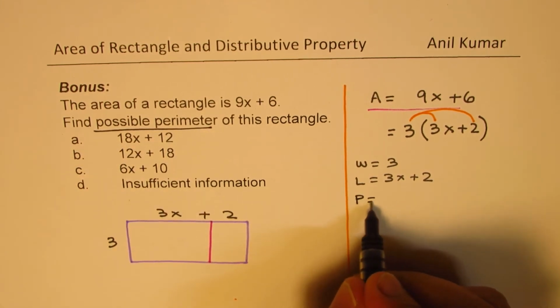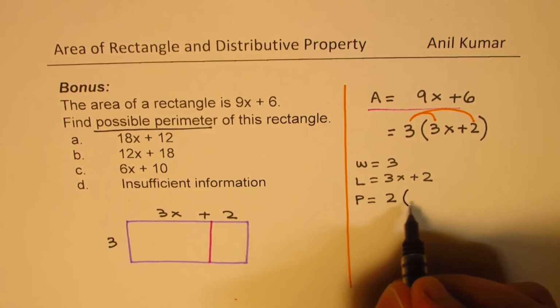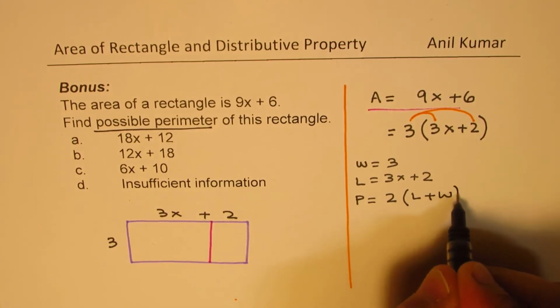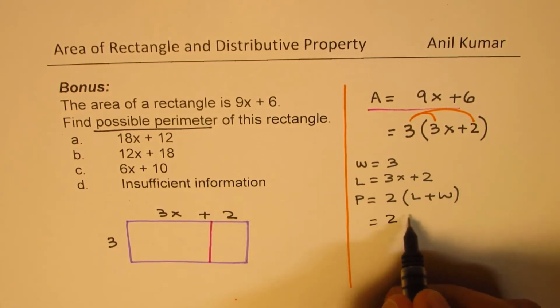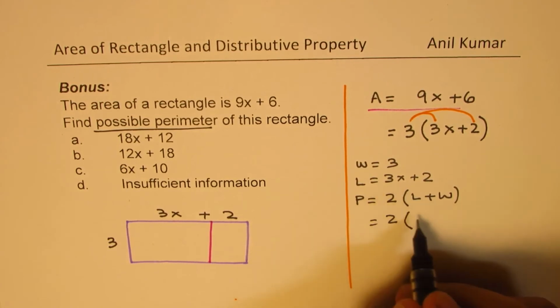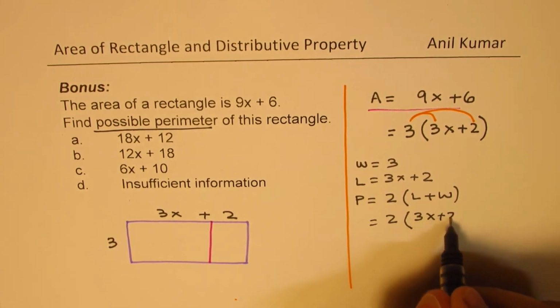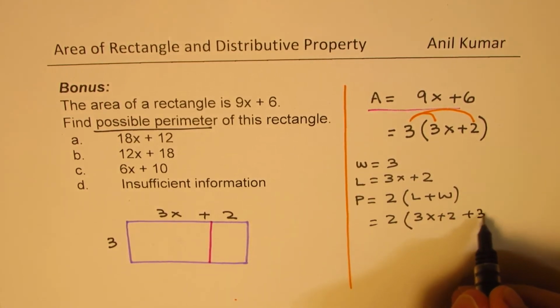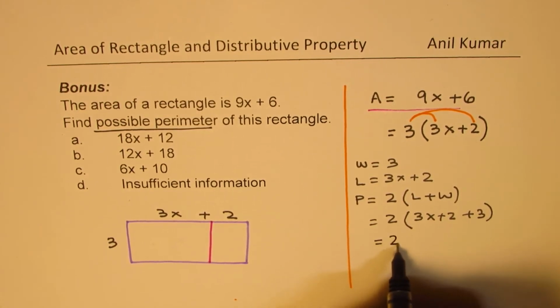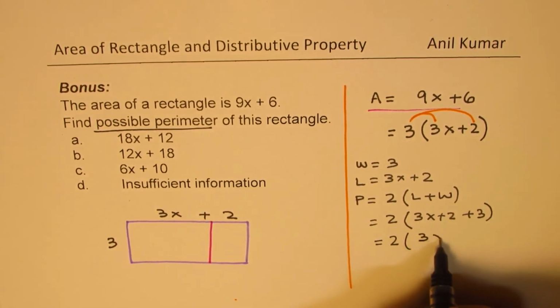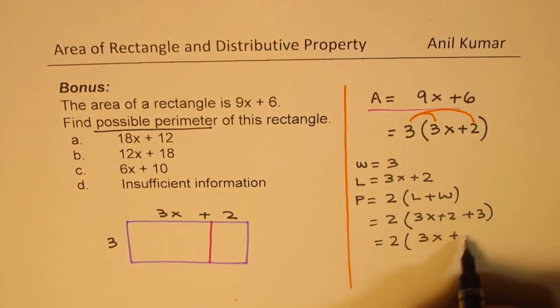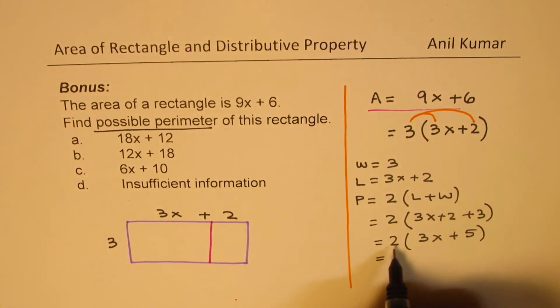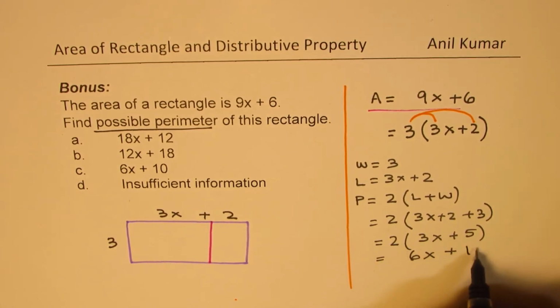So what should be the perimeter? Perimeter is 2 times (length plus width), right? So let's add them up and multiply by 2. So length is 3x plus 2, and we are going to add 3, the width, to it. So we get 2 times (3x plus 2 plus 3), which is 5. And when you multiply 2 times 3x, we get 6x plus 2 times 5 as 10.